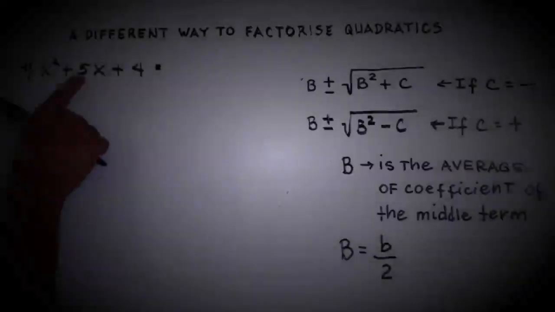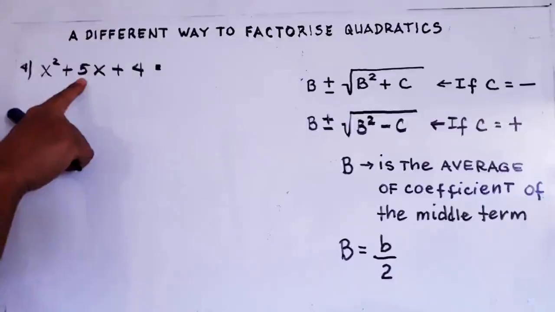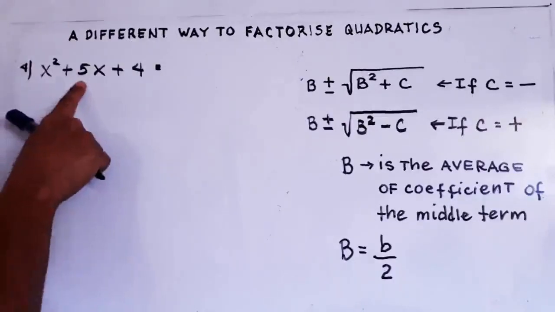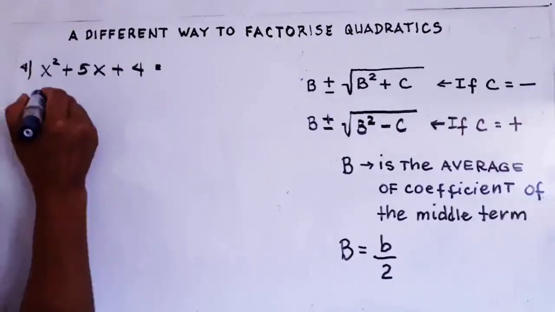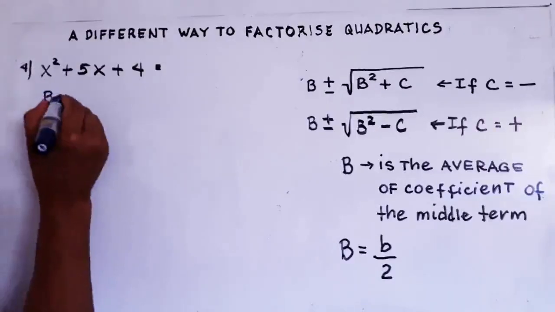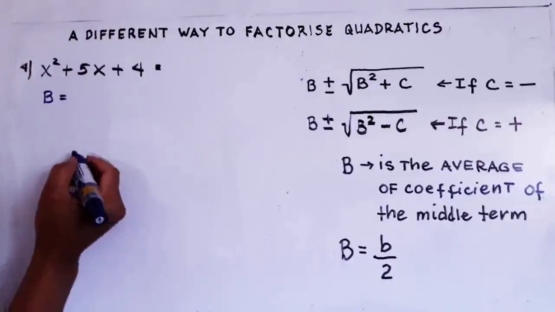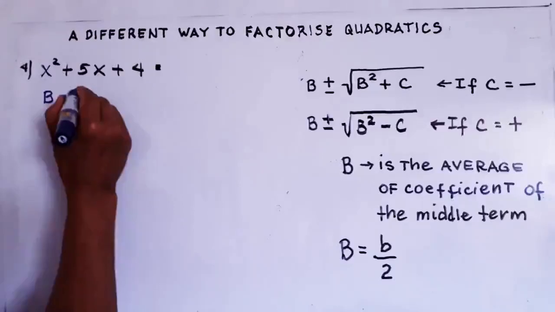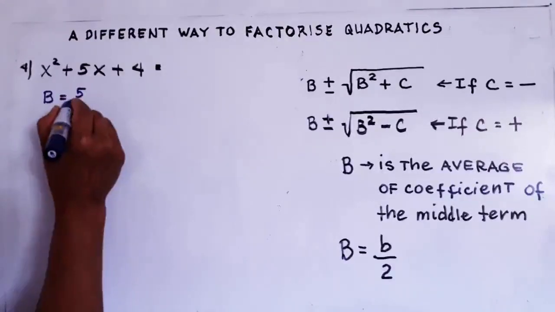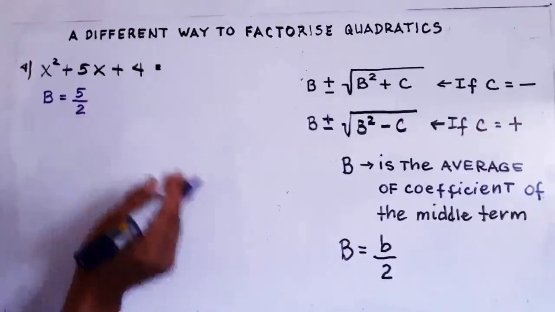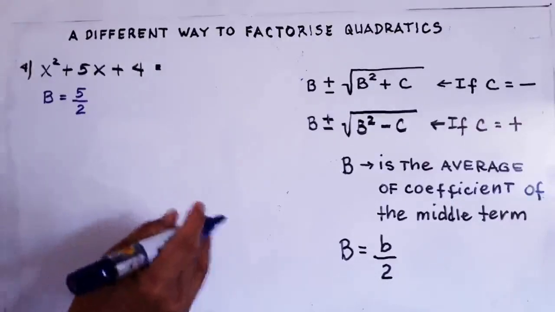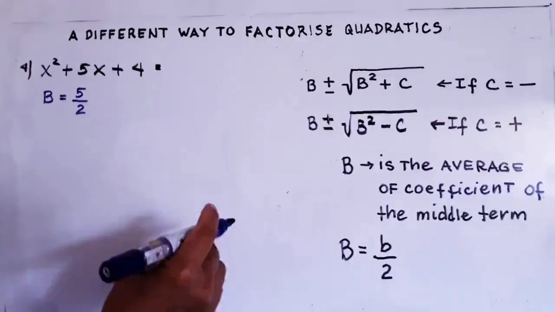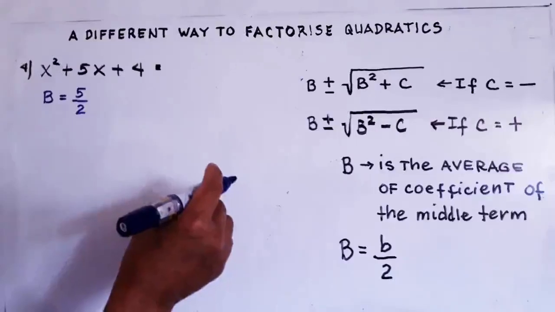Now, in number 4 class, the middle term is not exact, but we need to divide this by 2. So let us put the b, it's positive class, but we need to divide it by 2. 5 over 2. Or you may use decimal. 5 divided by 2 is 2.5. I'm going to show you that one later.